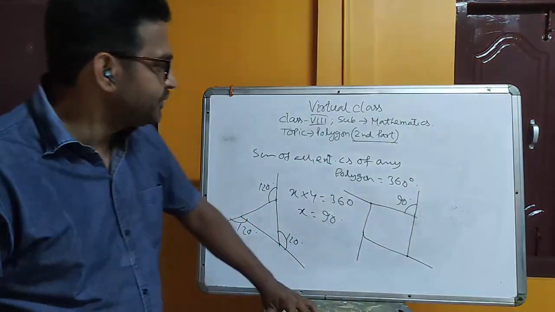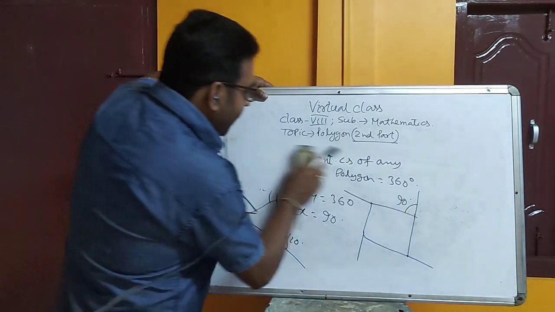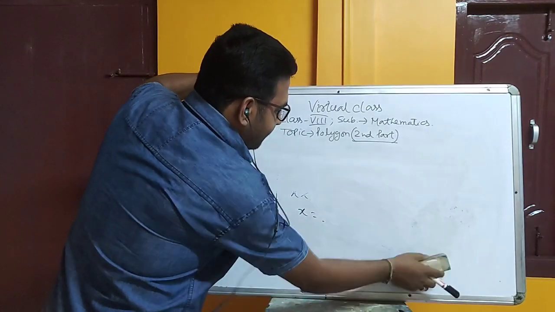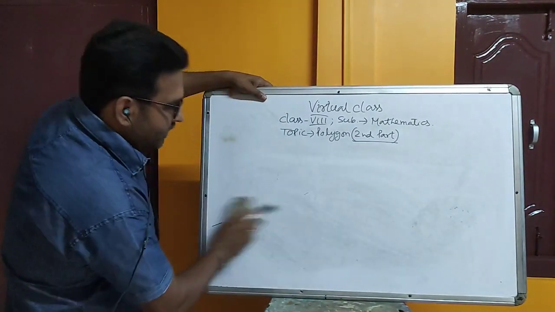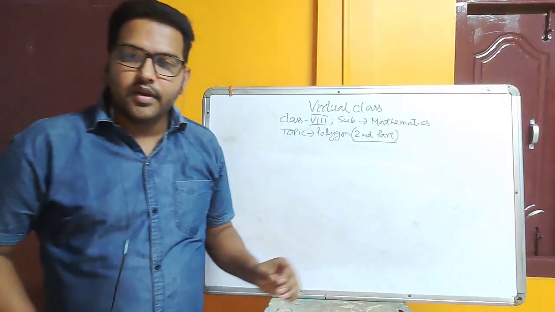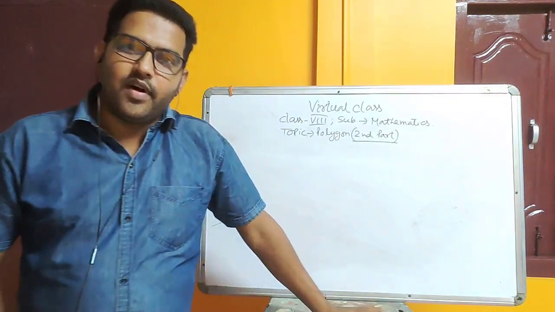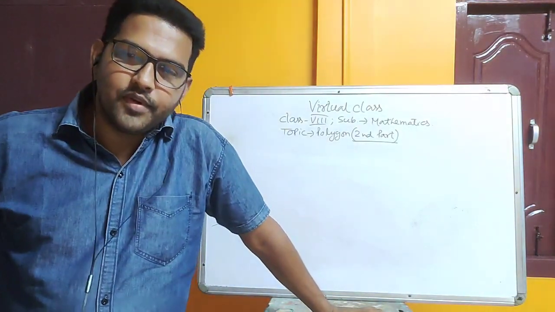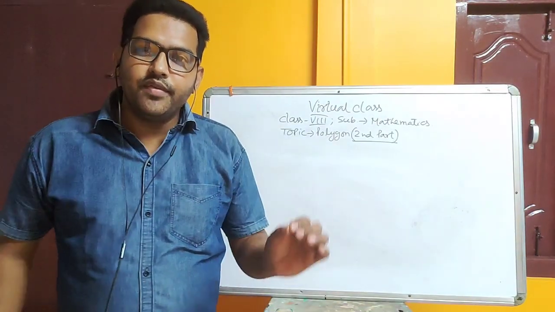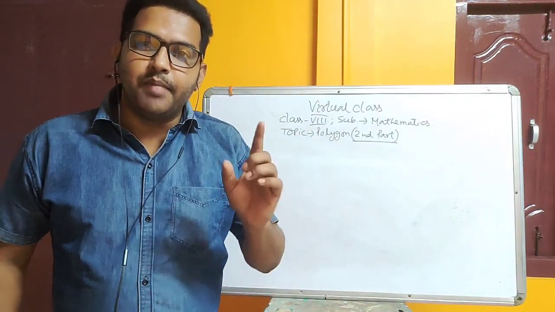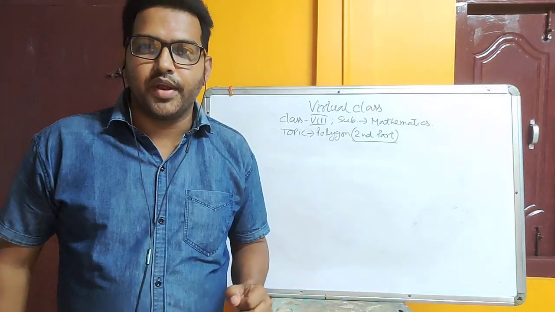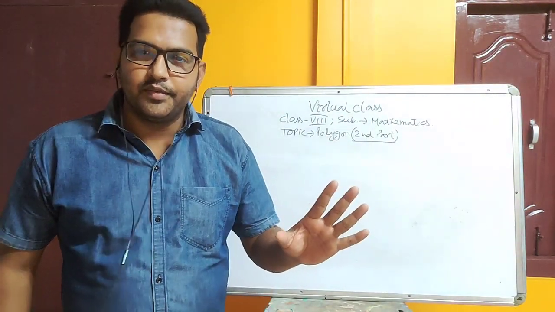Got this answer? Now, in the next part of it, we can easily find the number of sides of a polygon if you have the measure of each exterior angle given.